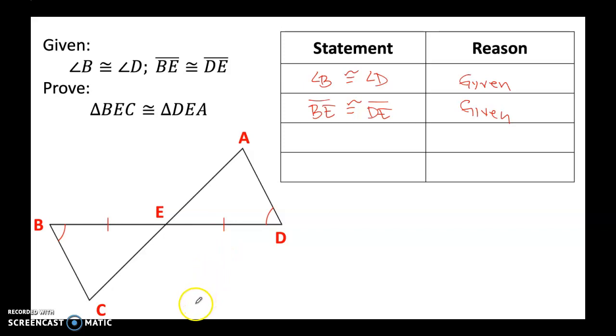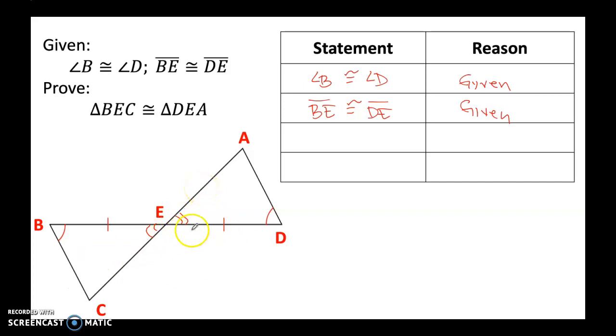Now we can prove that the two triangles are congruent using the SAS, if we can prove that segment BC is congruent to segment DA, or using the ASA by saying that angle BEC is congruent to angle DEA.